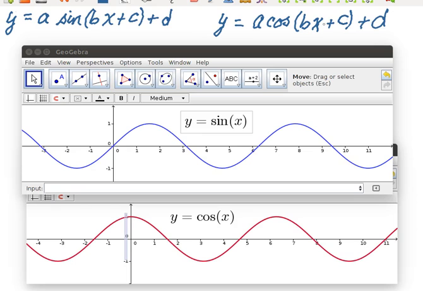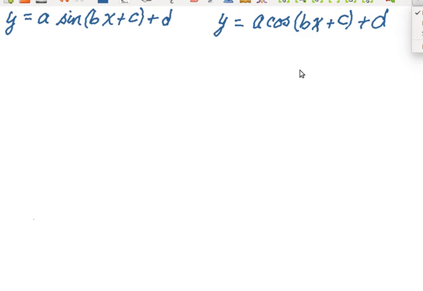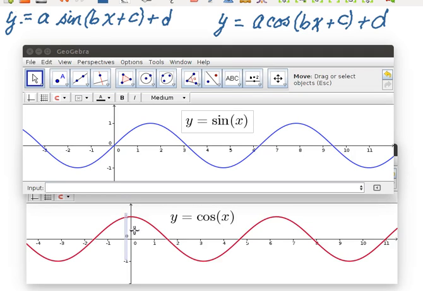The cosine, on the other hand, in this second form has the same situation. It is going to have an a value of 1, a b value of 1, a c value of 0, and a d value of 0.